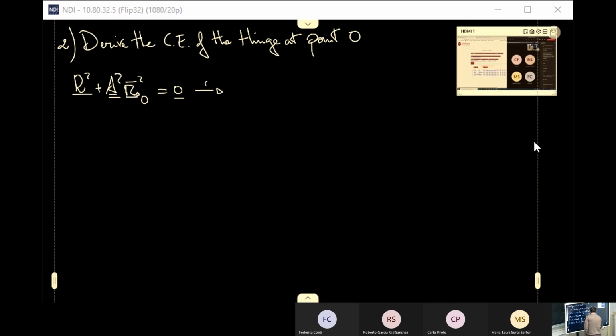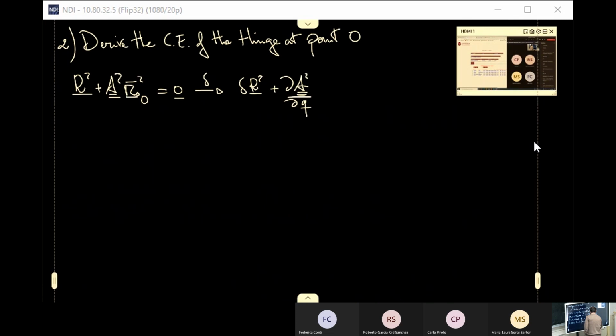If I derive it, I get the following: delta R2 plus the derivative of A2 with respect to Q. But you see, the matrix A2 is only dependent on theta, right?